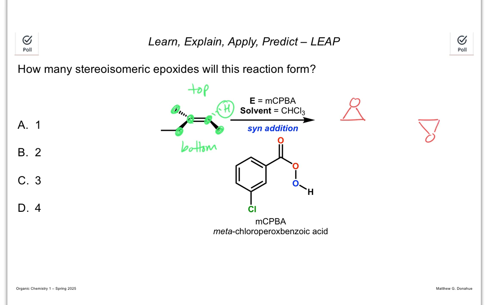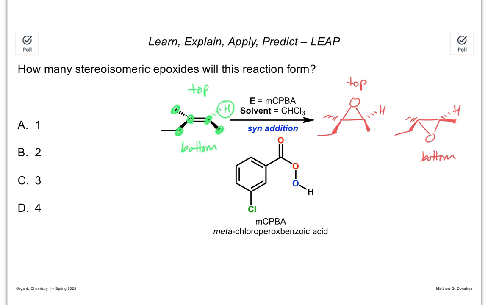So I draw them like that. So say top, bottom, and now I'm putting in the substituents, maintaining the stereochemistry they started with. So what's the relationship of those 2 products?